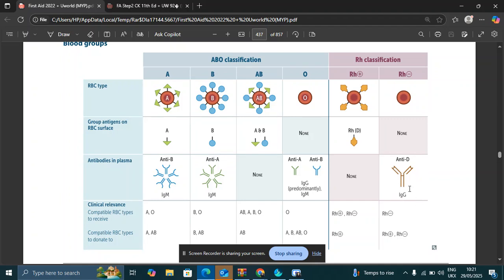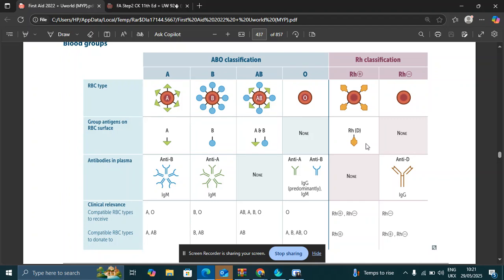The fetal blood type would be Rh positive, with the RHD antigen on the surface and no antibodies in the plasma. So when the maternal RHD negative blood gets exposed to fetal RHD positive blood, the maternal blood will start producing anti-D antibodies.